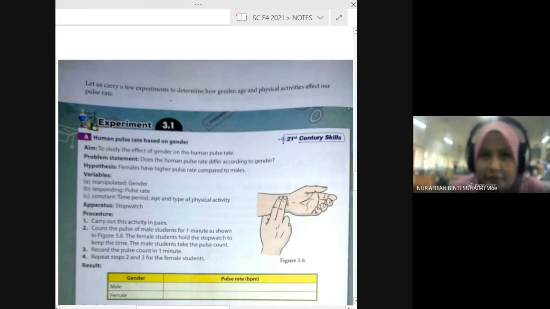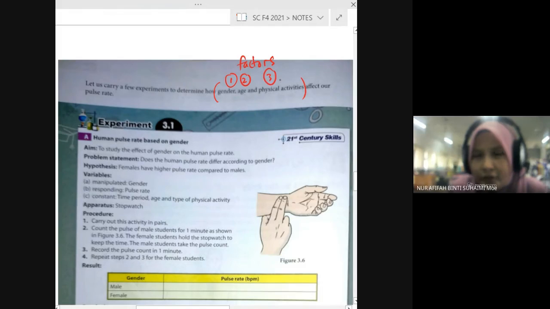The factors that affect the pulse rate are three: gender, male or female; age, children, adult or older age; and the third one is physical activity.